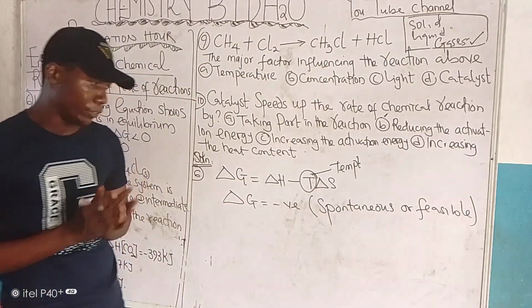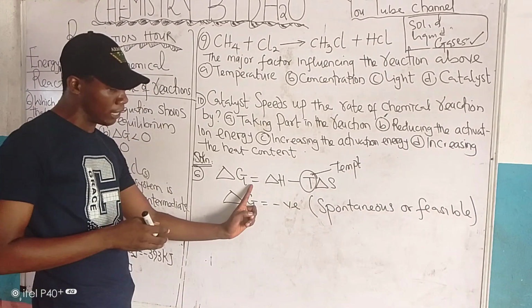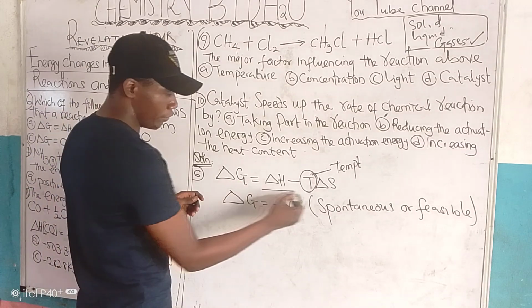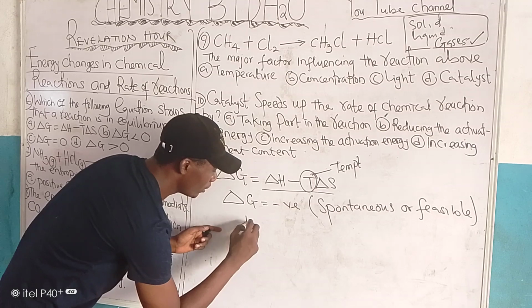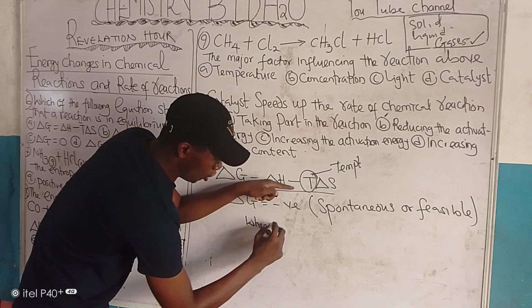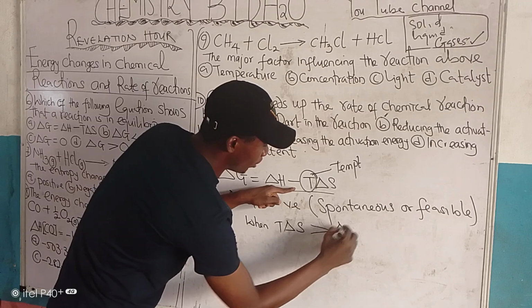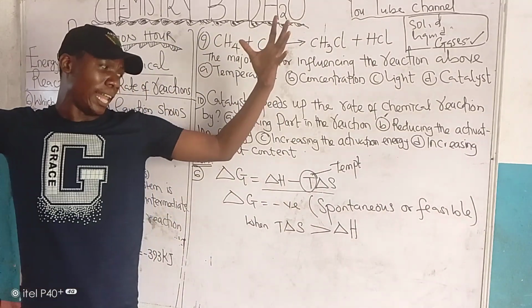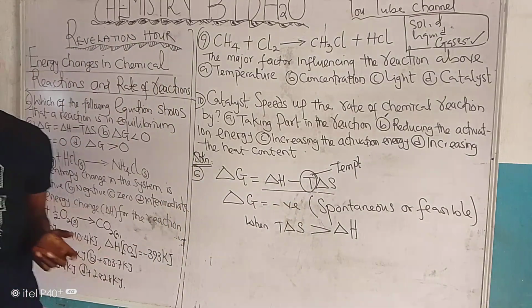And what will make your Gibbs free energy negative? If this is the formula, how can it become negative by combining these two variables? That will happen when your temperature times the change in entropy is greater than your enthalpy change. Because if this number is large and the other is a small number, you have a negative value, isn't it?